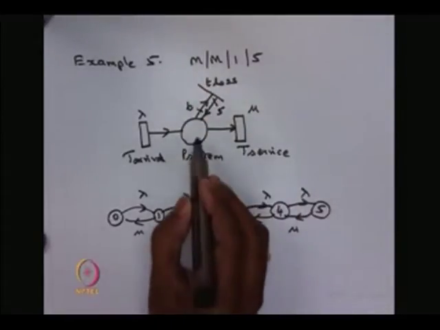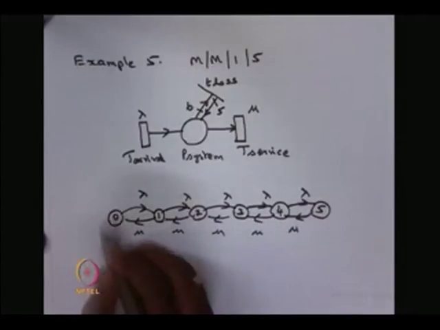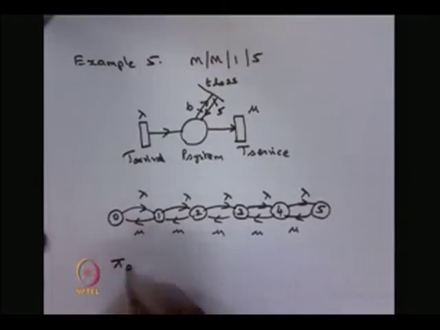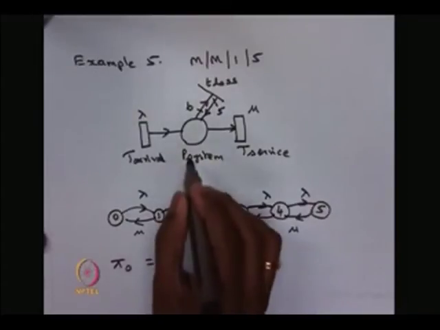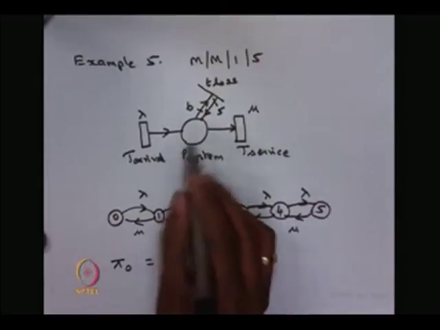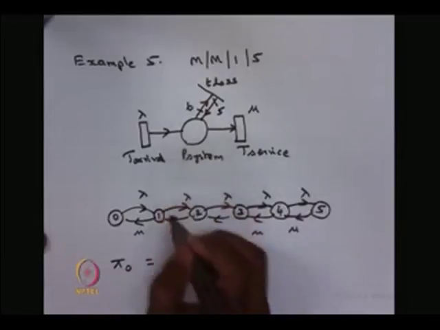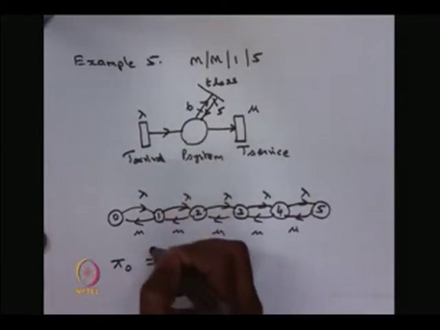Suppose your interest is to find out the steady state probability that the system is empty, that is pi naught in steady state. That is same as the steady state probability that the place P system has no tokens, both are one and the same.